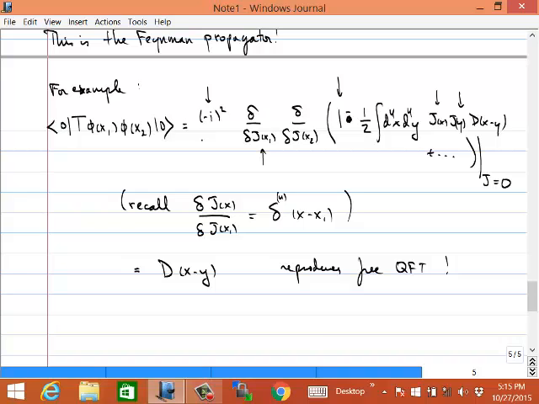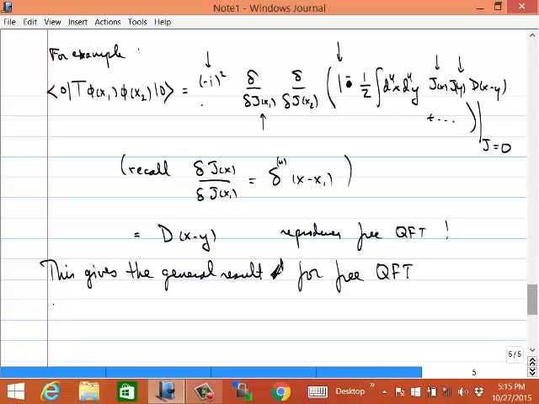In fact, this gives a more general result, which is a general result for any free quantum field theory, which is that if you want to compute the vacuum expectation value of a bunch of these field operators, well, how would you go about doing that?